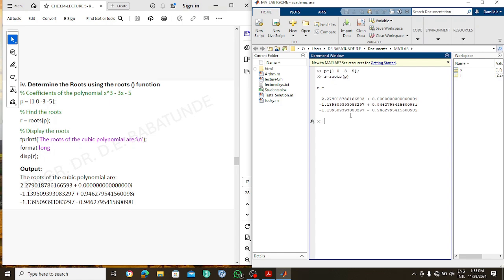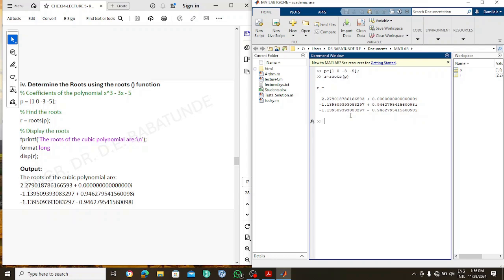It could be any power. There is no limit to the power, but just make sure that you pass in the coefficient of all of the powers inside that equation correctly without missing anyone out.